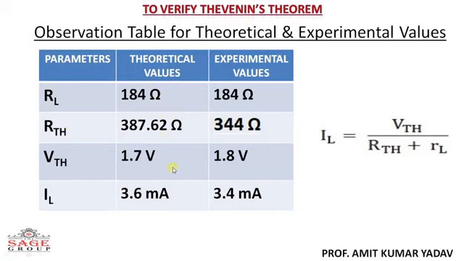These are the theoretical values of RL, RTH, VTH, IL which we have calculated by using the theoretical formulas of the Thevenin theorem, and these are the experimental values which we have calculated by performing the Thevenin theorem on the Thevenin theorem kit, and we are going to compare whether these values are matching or not.